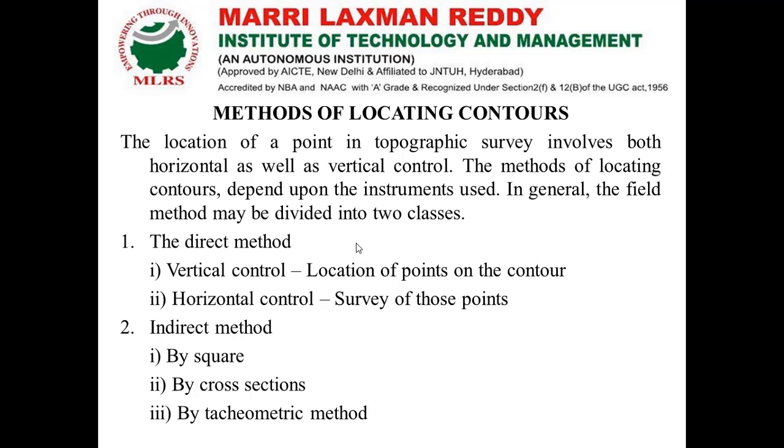Under the direct method, we have two things: one is vertical control, another one is horizontal control, which means the surveyor and the helper together are going to do it. First, in the direct method, I place the instrument at one location. For example, this is my field, and with respect to the benchmark, what height am I going to get?